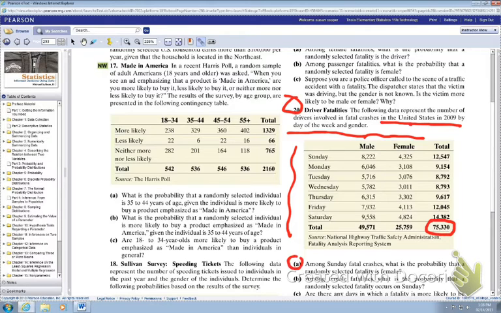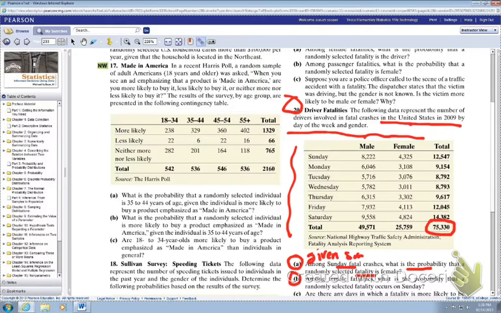Now for time's sake, I'm just going to do part A and part B with you. So it says among Sunday fatal crashes. That means given that we're only looking at Sunday fatal crashes, what's the probability that a randomly selected fatality is female? So what you're doing is you're shrinking the sample. Let's get used to the language.